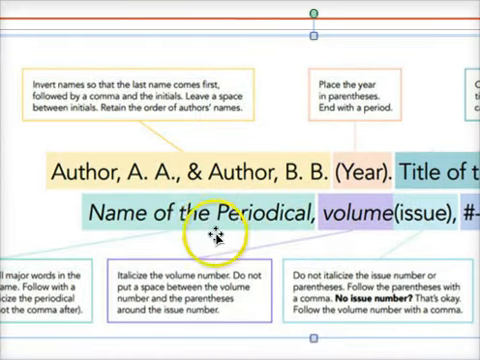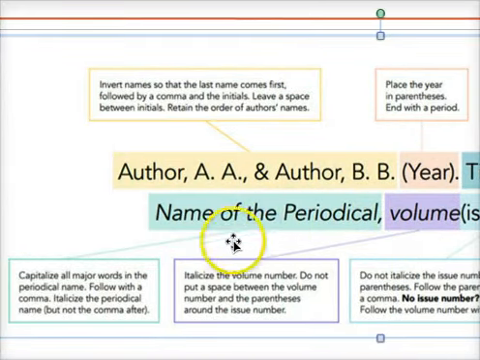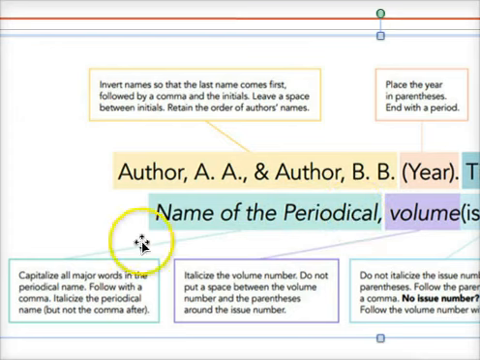Then we have the name of the periodical, so that's the journal title. And that one, all the major words in the periodical's name or the journal title's name are capitalized. So if it's Journal of Clinical Nursing, the words journal, clinical, and nursing are capitalized.